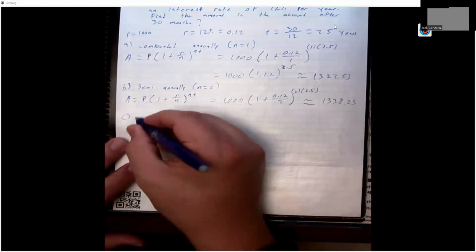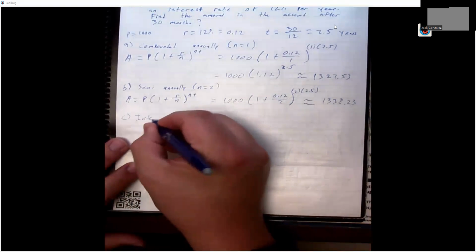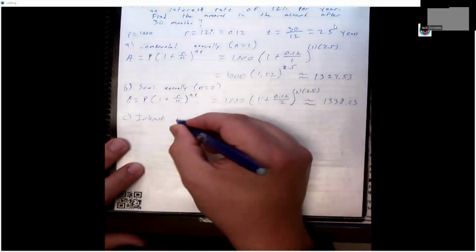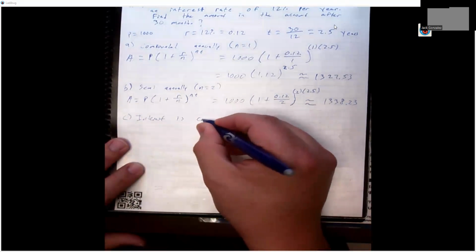We'll do one more and then we'll call it on this section and move on to something else. If interest is compounded quarterly, what is N?